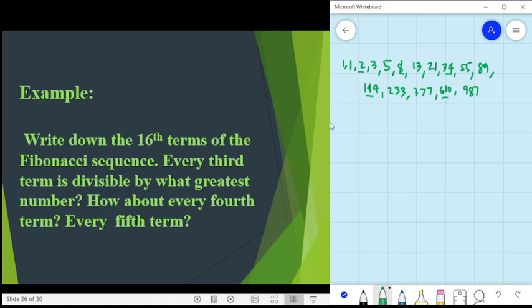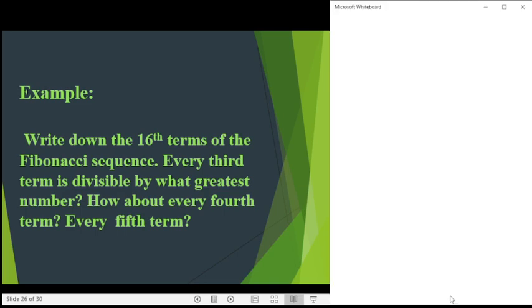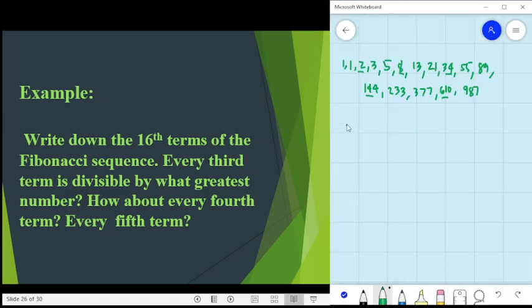So meaning, you can say that every third term is divisible by 2. Right? Of course, they are all even.